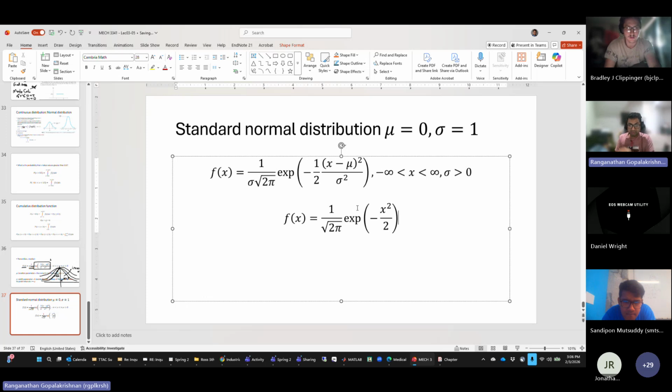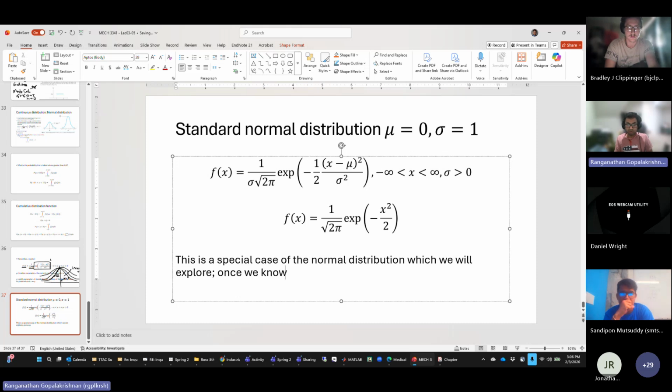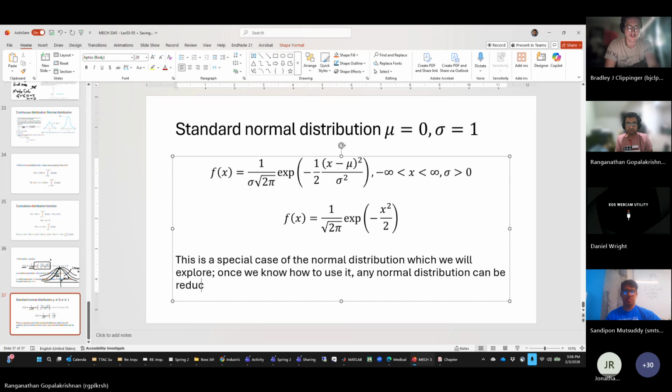This is a special case of the normal distribution, which we will explore. And once we know how to use it, any normal distribution problem can be reduced to the standard normal distribution.